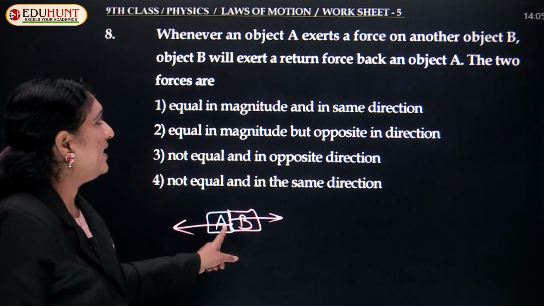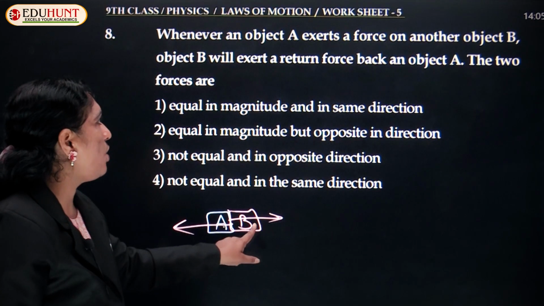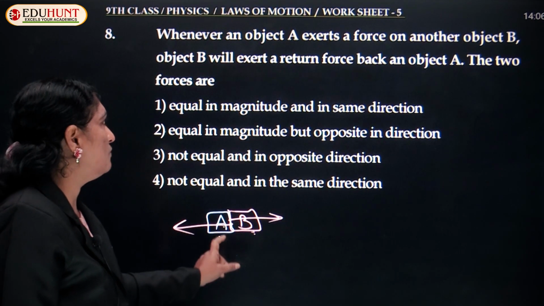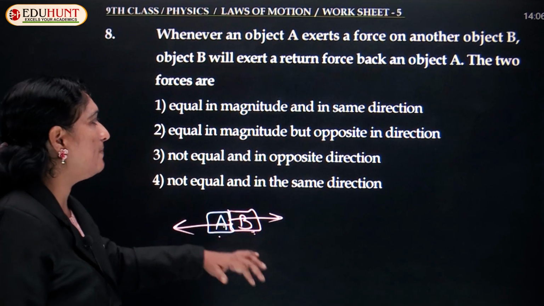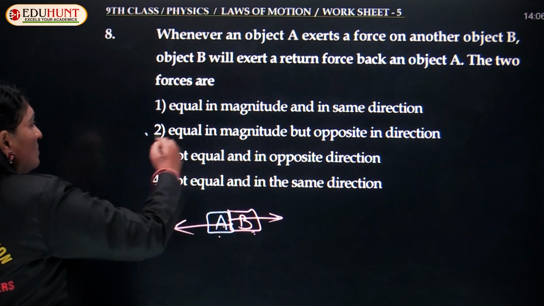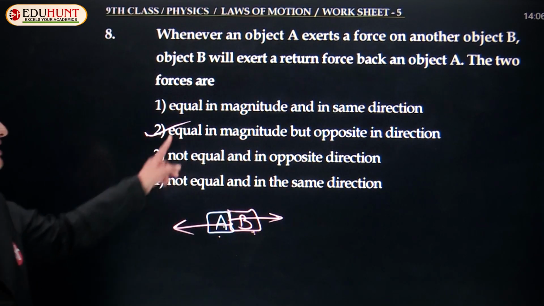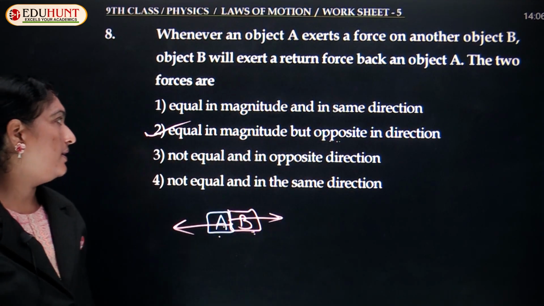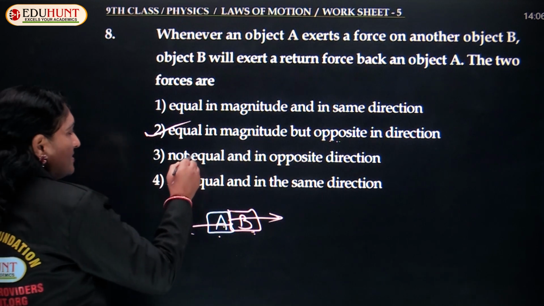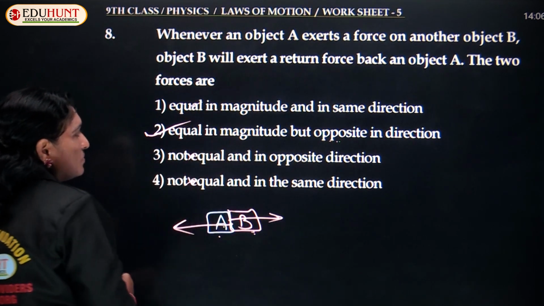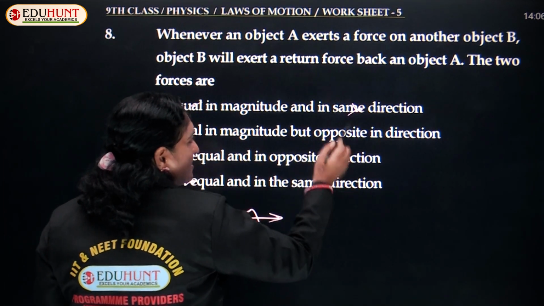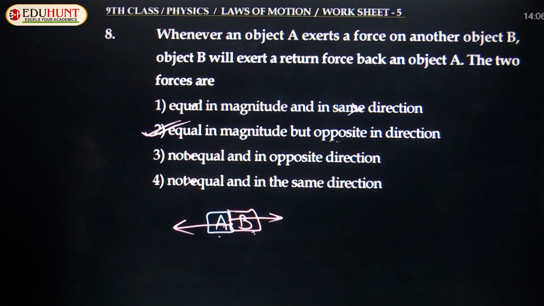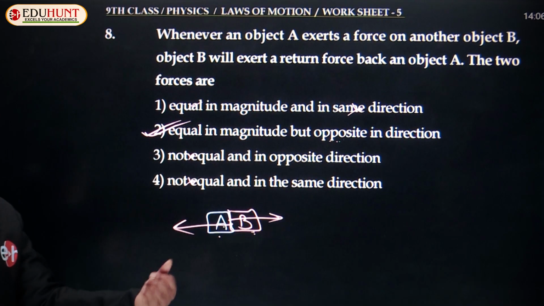So the two forces are equal in magnitude but opposite in direction. So the second option is true. Equal in magnitude but opposite, not the same. It is opposite in direction, so not equal is a wrong statement. Equal is a true statement, but not in the same direction. They act in opposite directions. Hence, the only correct option is option 2.